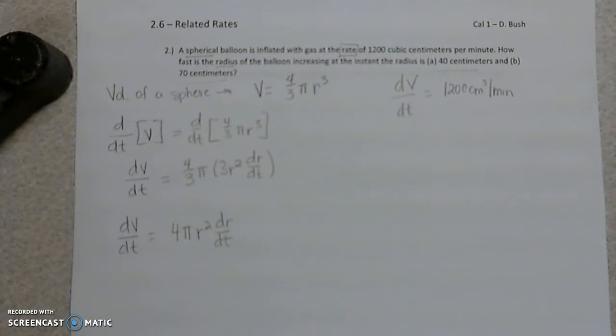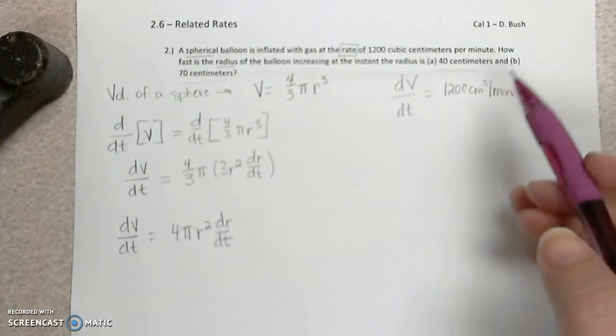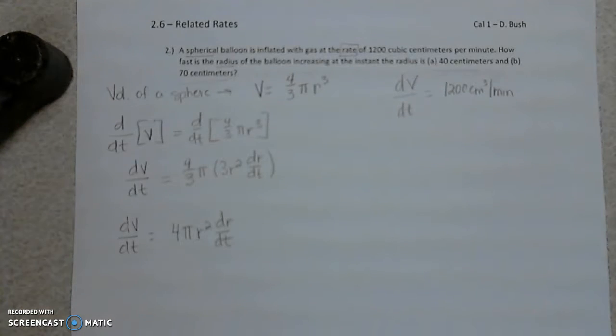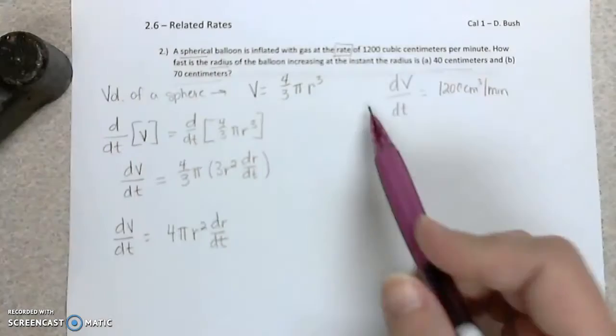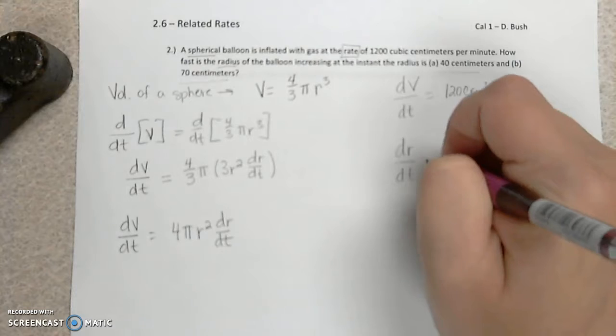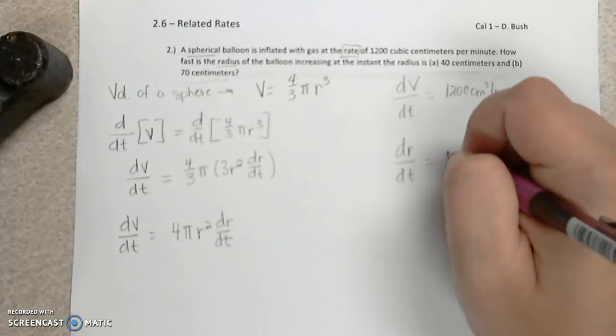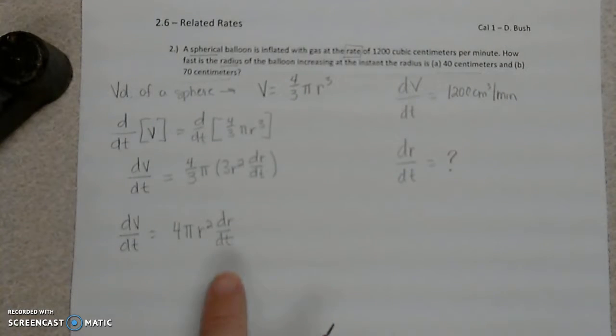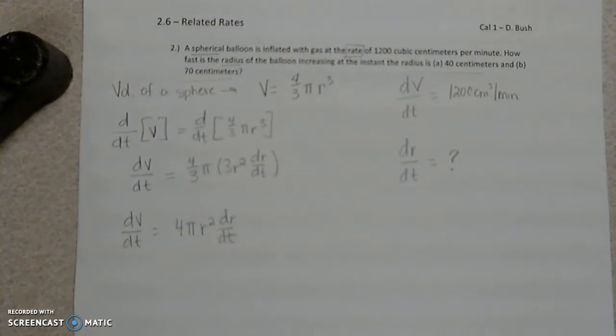It says the balloon is being inflated, so that means its volume is what is changing. And I want to know how fast the radius of the balloon is increasing. So what I'm going to solve for is the derivative of the radius with respect to time. That means I need to come back down here and solve this for dr dt so that I can fill in my dv and my r.